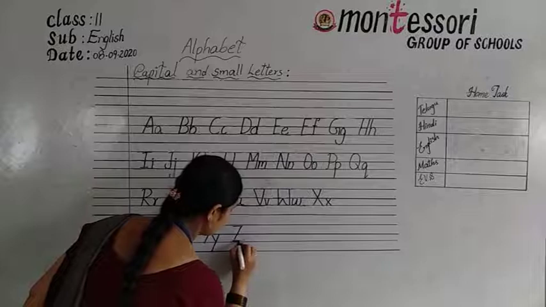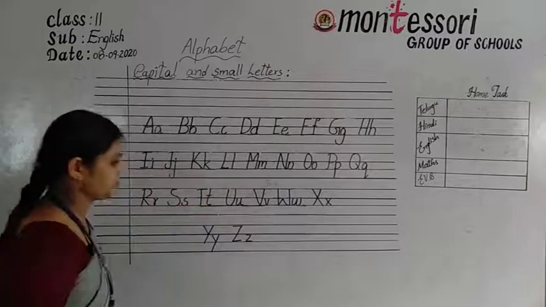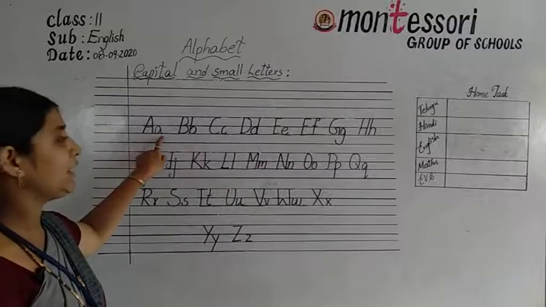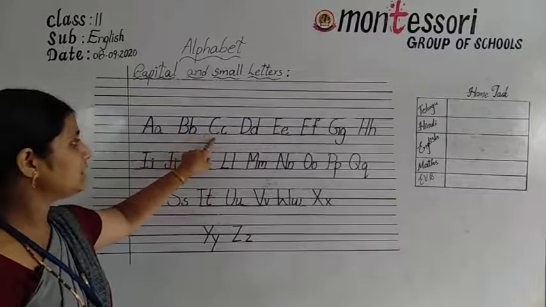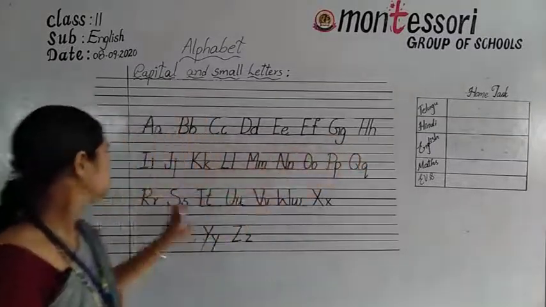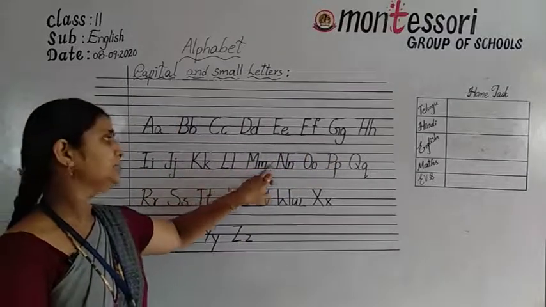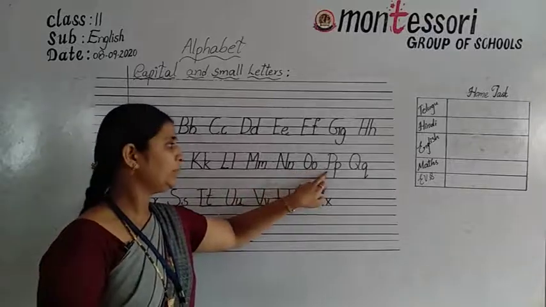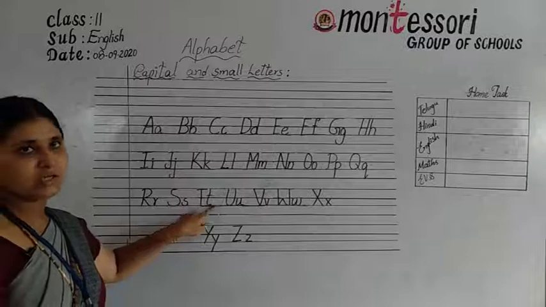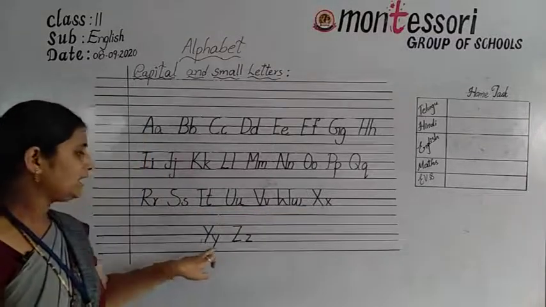Capital Z and small z. Capital A, small a, B, small b, C, D, E, F, G, H, I, J, K, L, M, N, O, P, Q, R, S, T, U, V, W, X, Y and Z.